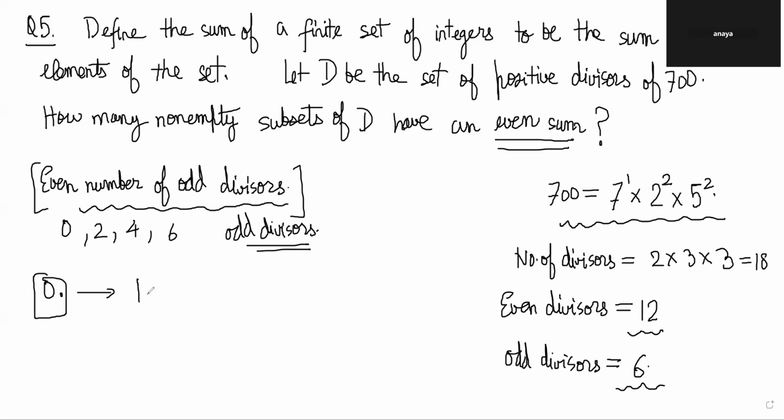What about the even divisors? How many ways are there to select? 12? No. Is it just one, because you can just choose all of them?